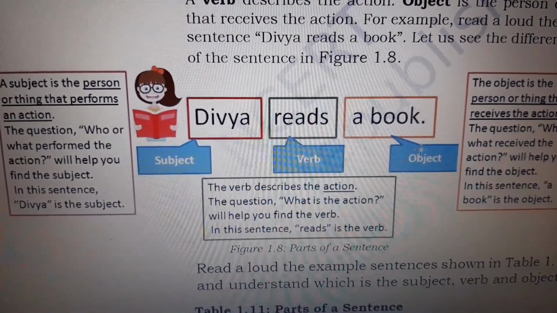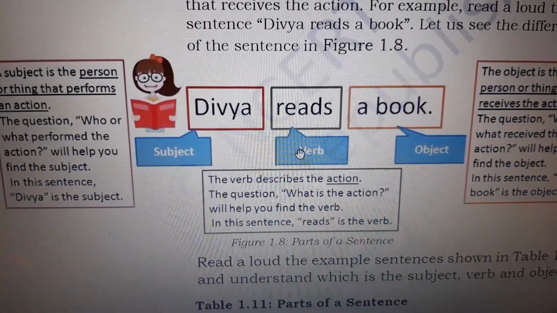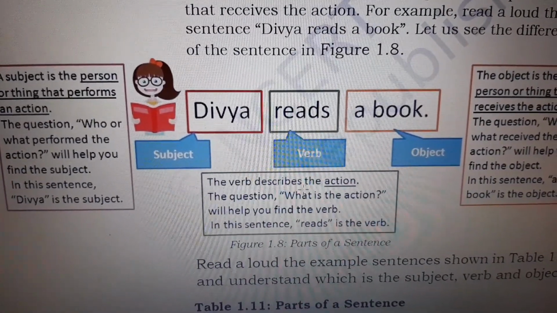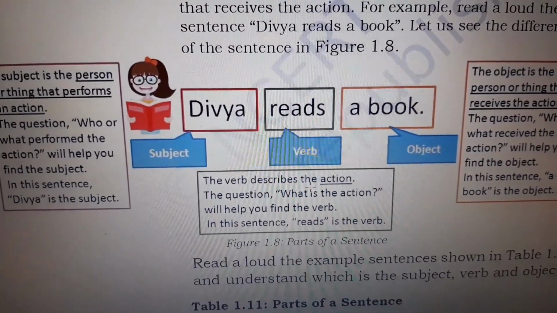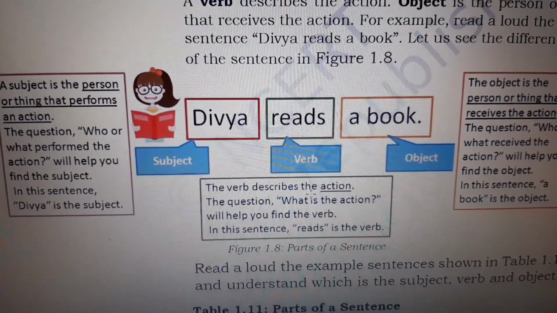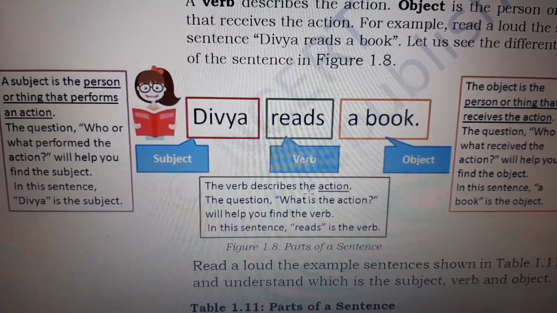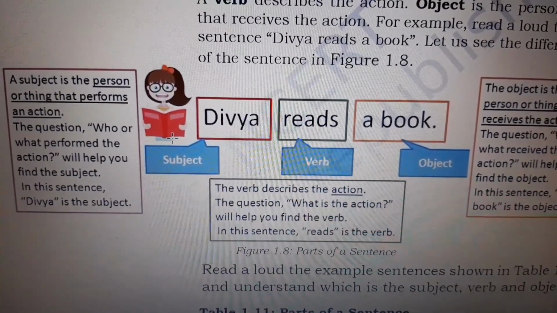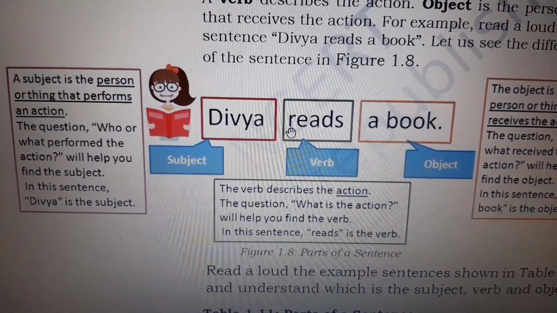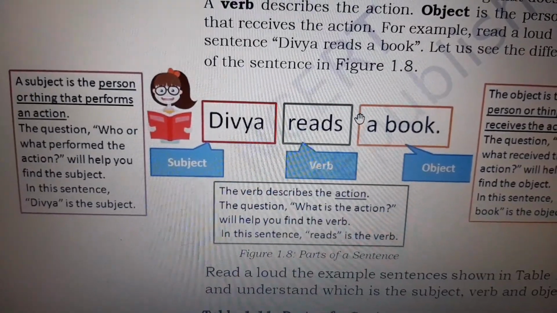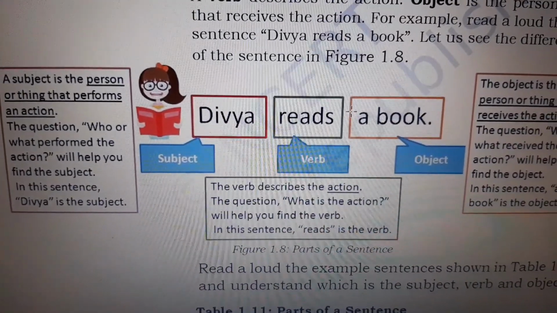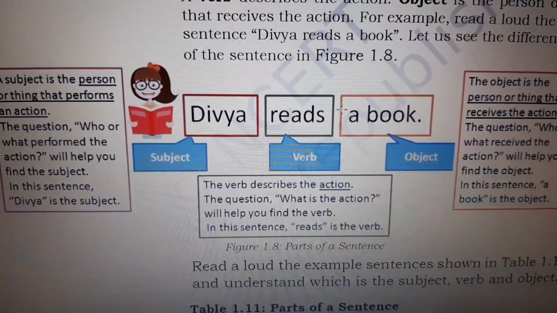What is a verb? It describes the action, what is actually being done by the subject. So Divya reads a book. Divya is the subject who is performing. Reads is the action. A book is what the action is performed on.